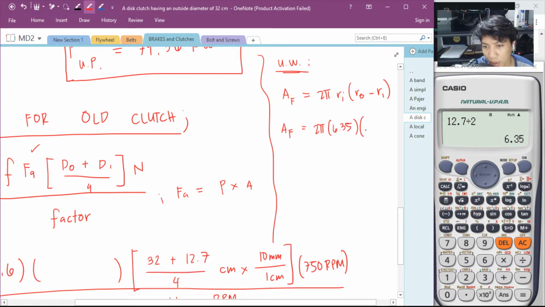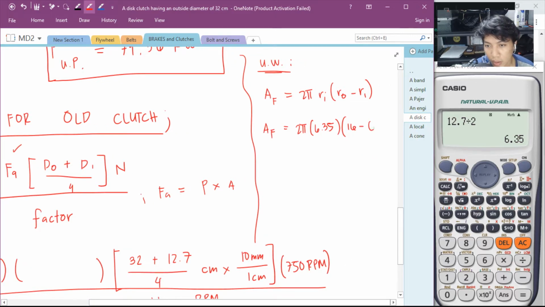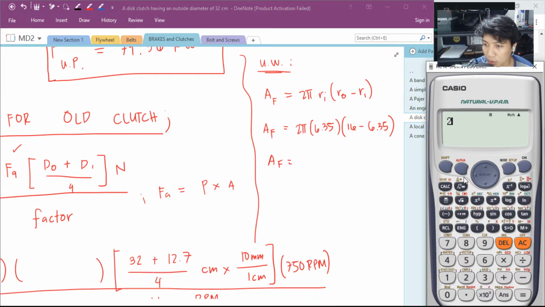Multiplied to 32 divided by 2, 16 minus 6.35. Ayan. So, yung AF natin is equal to 2 pi times 6.35 multiplied to 6.35, ayan, times 16 minus 6.35.